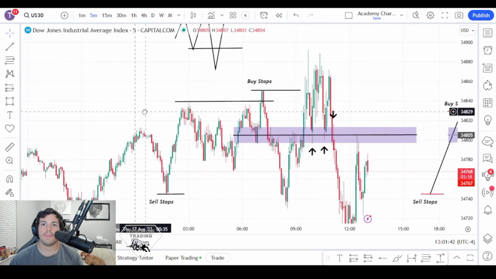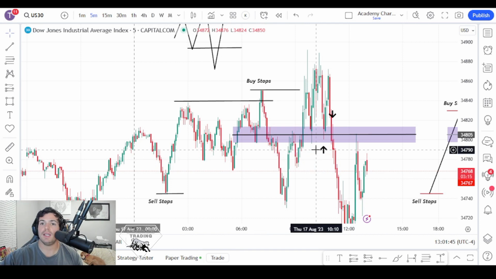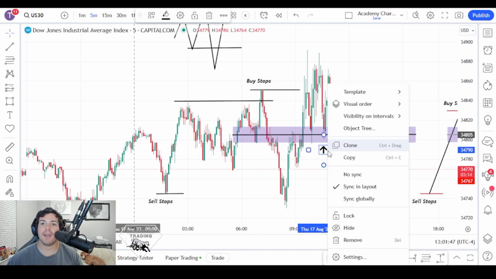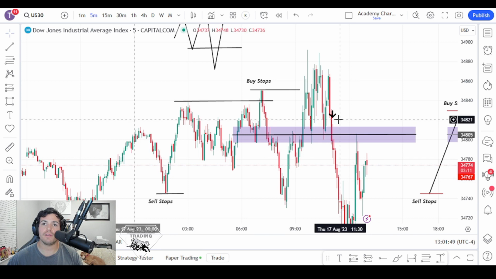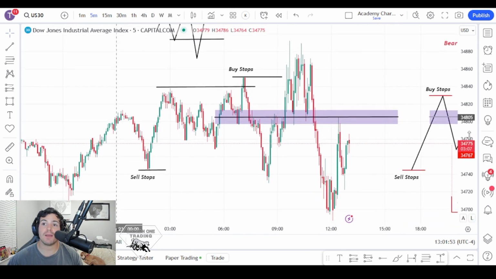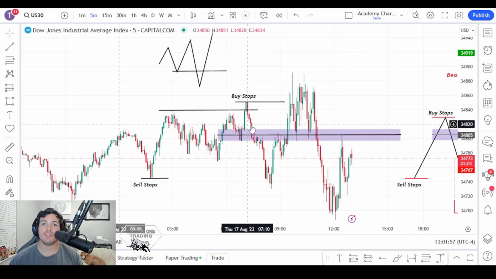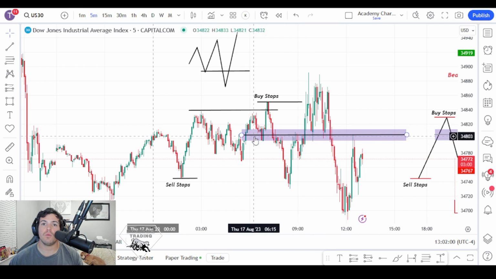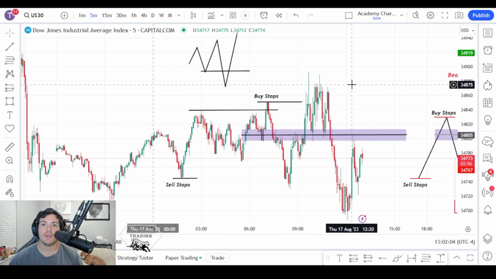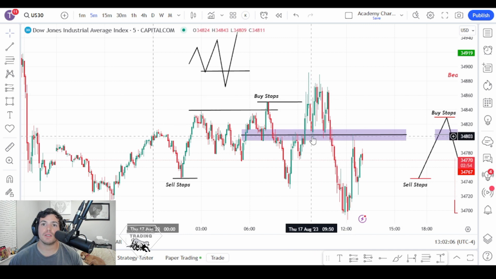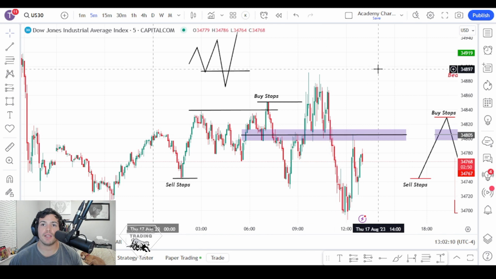Now, all of that, again, it's not just a pattern. It's based off of logic on where buy stops, sell stops are going to be. It's tracking these retail trades. And so when we can spot this pattern, it really helps us as scalpers. Not necessarily swing traders. Obviously, it'll help on the higher time frame.